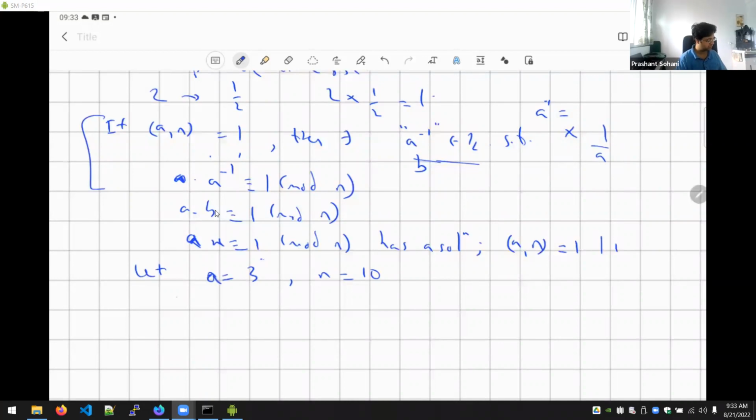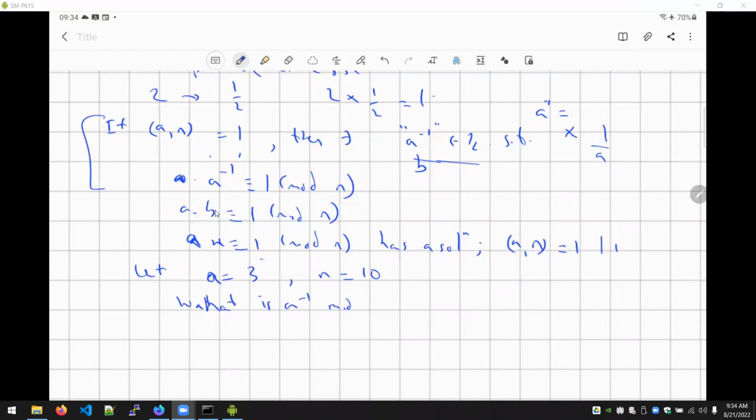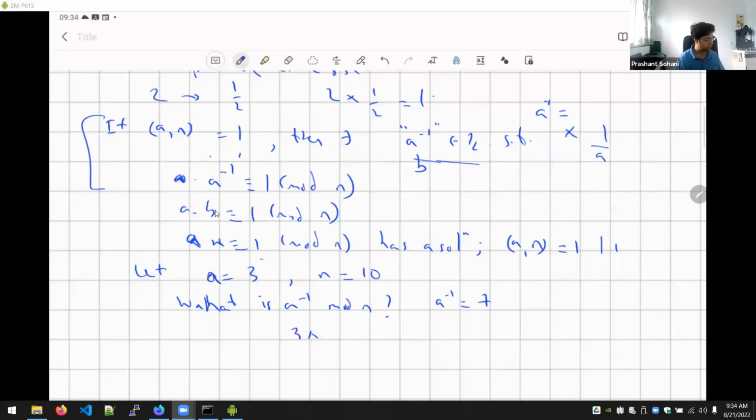So what is a inverse modulo n? In other words, what is the number which you can multiply with 3? 7. 7, right? Because 3 into 7 is congruent to 1 modulo 10.